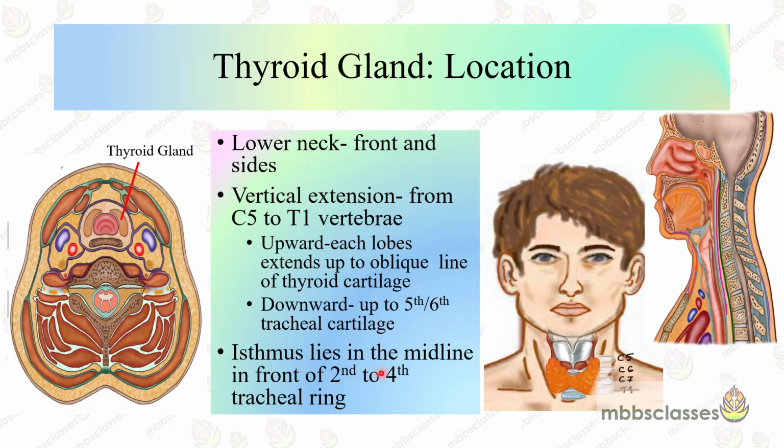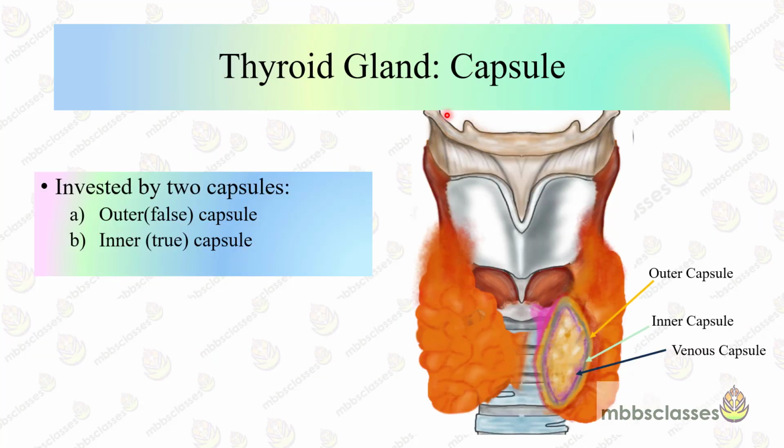The location of the isthmus is usually in the midline in front of the second to fourth tracheal ring. Thyroid gland is a capsulated structure, and it has two capsules. One outer, which is also called the false capsule, and inner, which is the true capsule. So we can see from this image the position of the capsules in the thyroid gland.